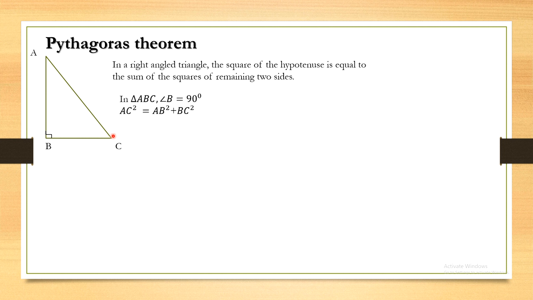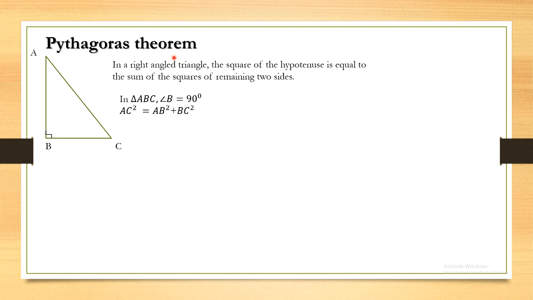If you want to measure the height of a building, and you know the distance, then you can find it with the help of Pythagoras theorem. So it is very important to know about the Pythagoras theorem. In this session we are going to prove the Pythagoras theorem.